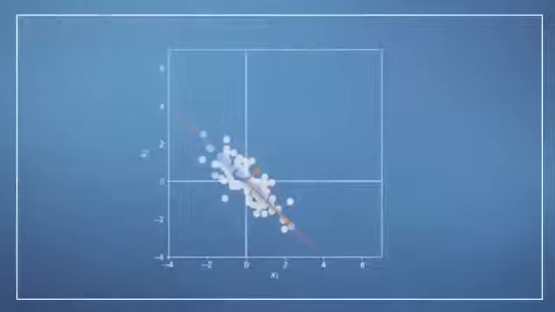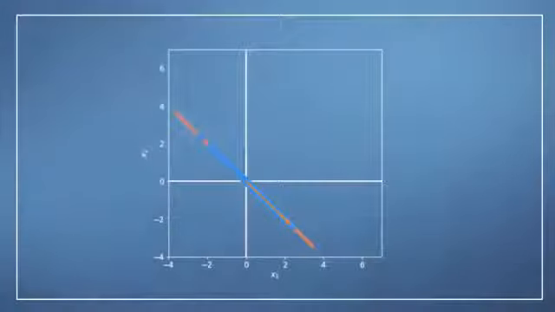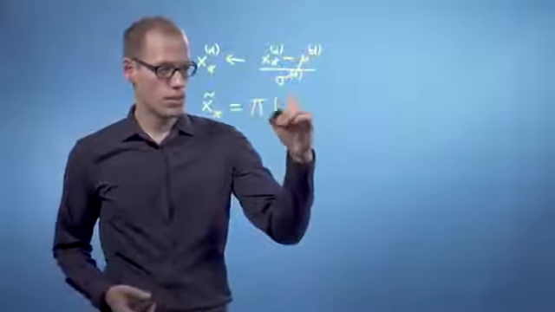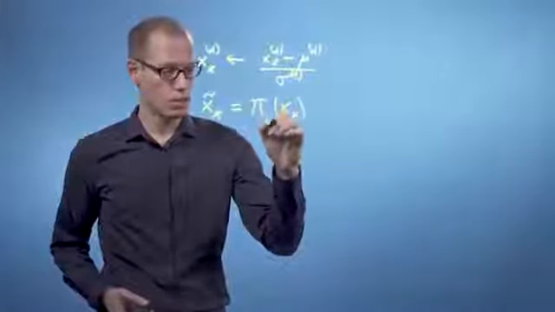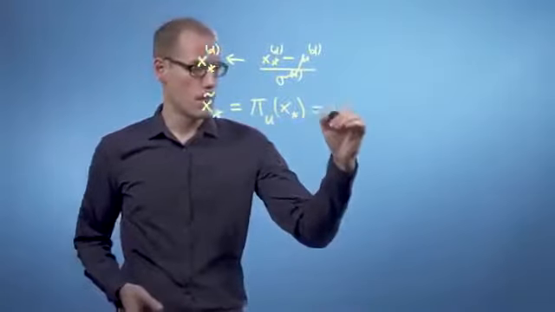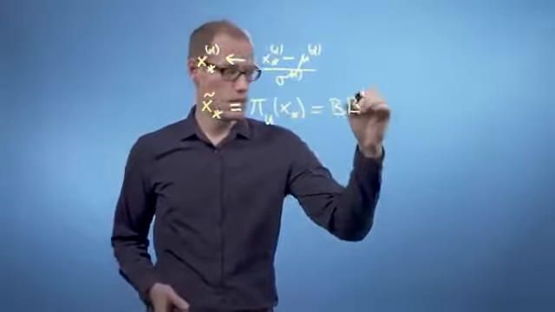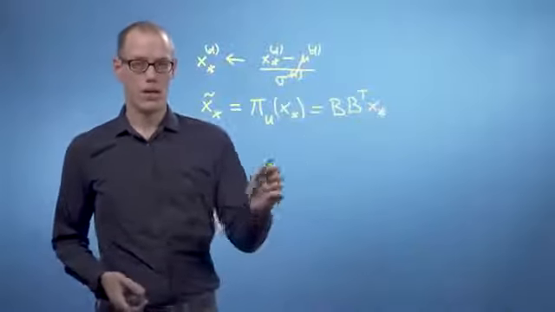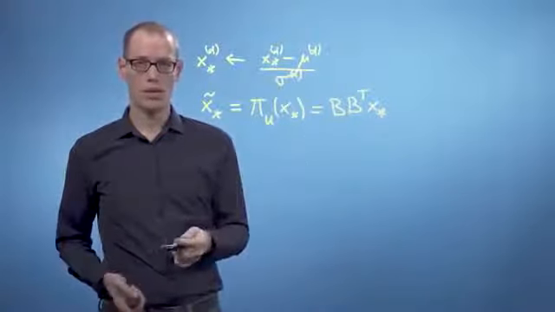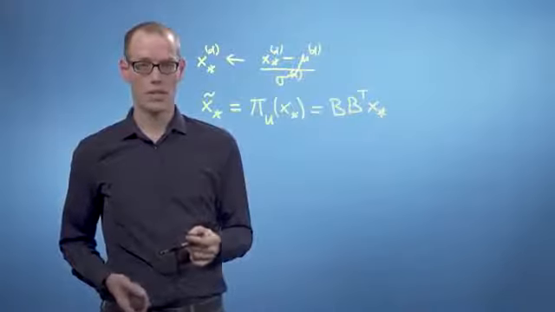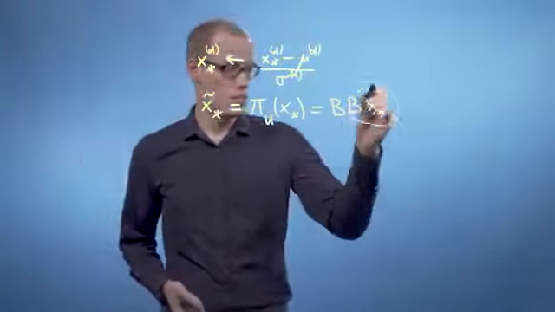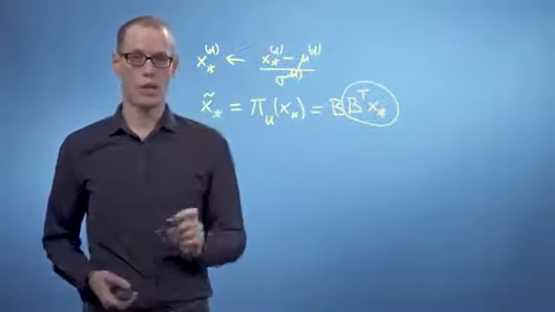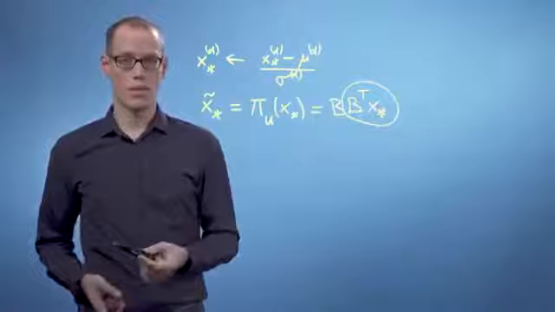Now we can get the projection of x star, x star tilde, onto the principal subspace U as B times B transpose times x star, where B is the matrix that contains the eigenvectors that belong to the largest eigenvalues as columns, and B transpose times x star are the coordinates of the projection with respect to the basis of the principal subspace.